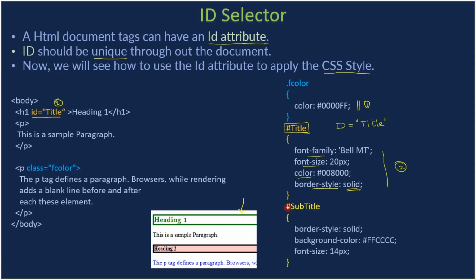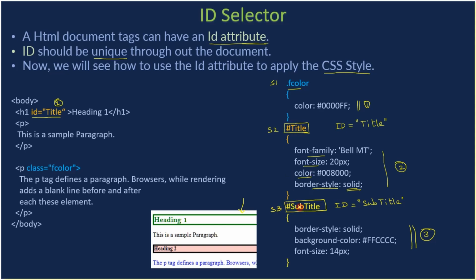Next, we have one more ID attribute, and this time we are matching ID equal to subtitle, and we specify our third rule here. So these are what are called selectors. That is selector 1 for class, selector 2 is for ID, and selector 3 is also for ID.